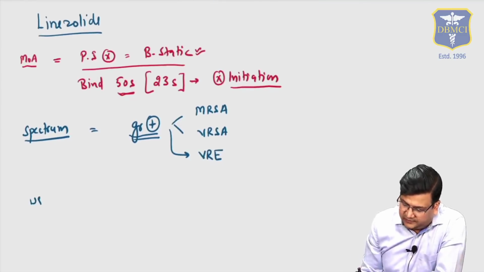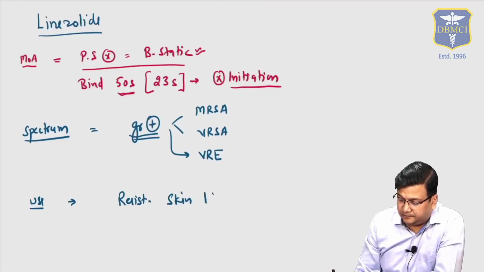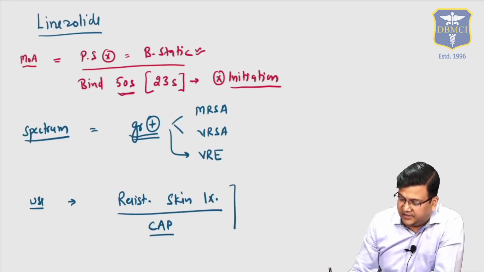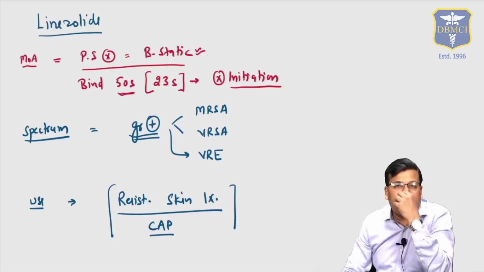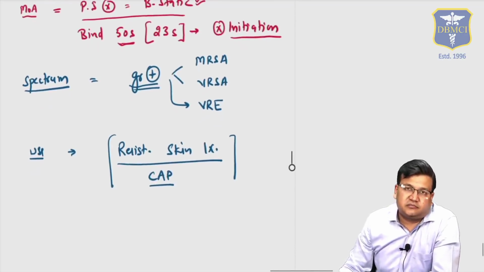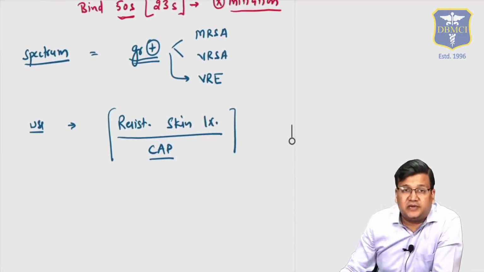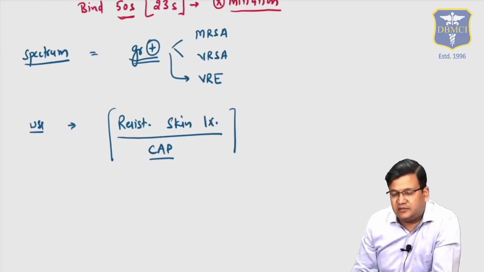Their uses include resistant skin infections, community acquired pneumonia. So these are two important uses, obviously caused by gram positive organisms. Sometimes GI infections also, but caused by gram positive organisms like MRSA or VRSA.